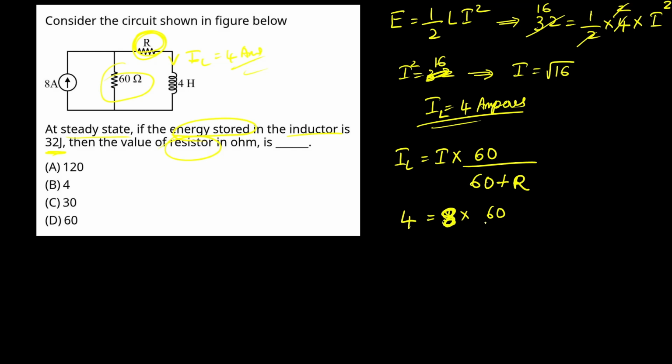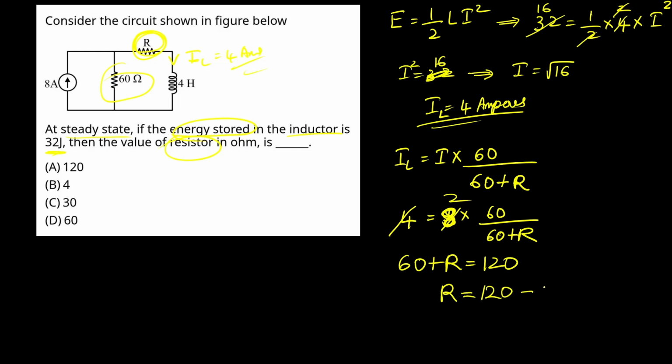So 8 amperes into 60 by 60 plus R. So 60 plus R equal to 120, which means R equal to 120 minus 60, R equal to 60 ohms is the correct answer. So the correct option for this question is option D.